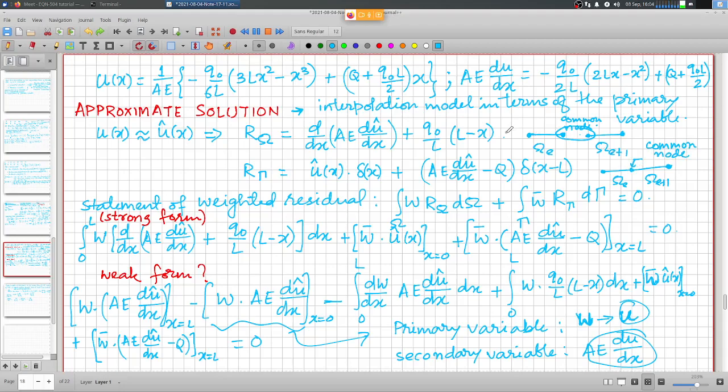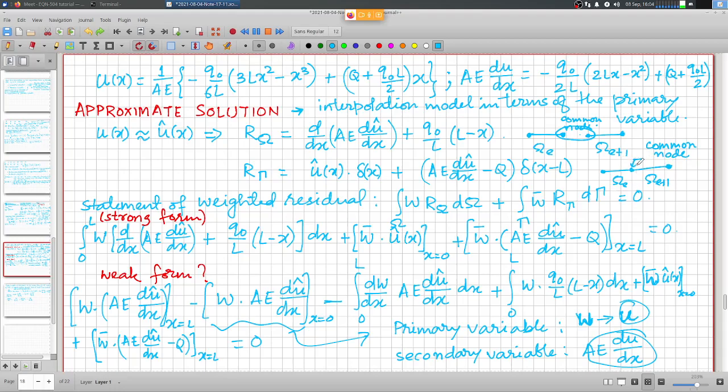So the primary variable is shared by the two elements. Once the primary variable is shared and it is an interpolation model, obviously the function that is being approximated, u, is going to be continuous, compatible at this point, because the entire approximation is being developed in terms of that.